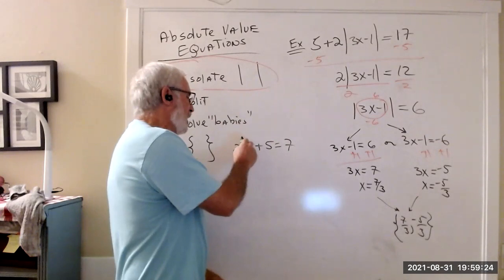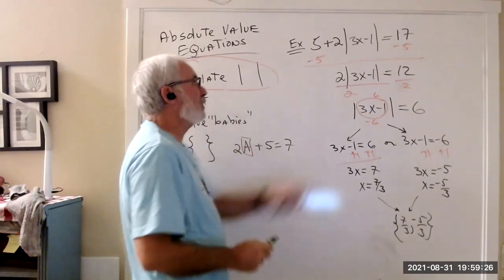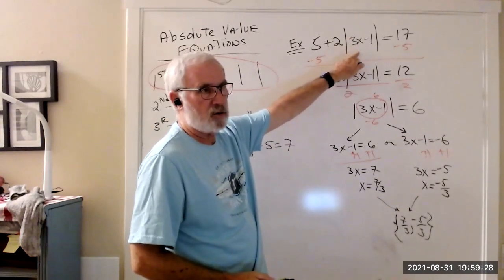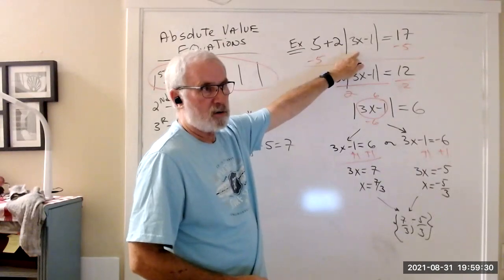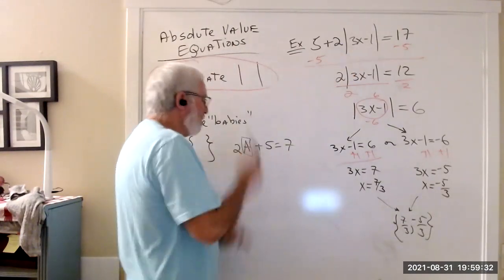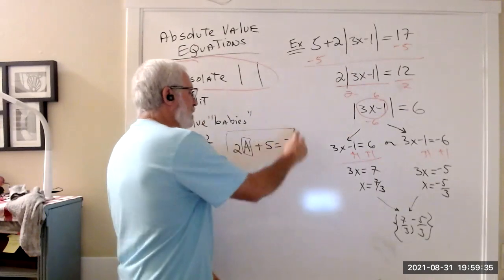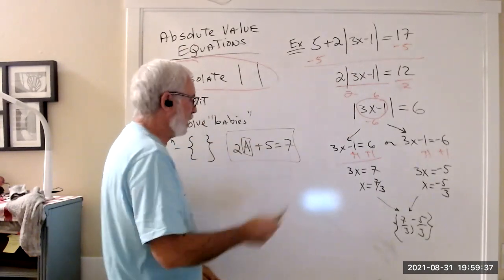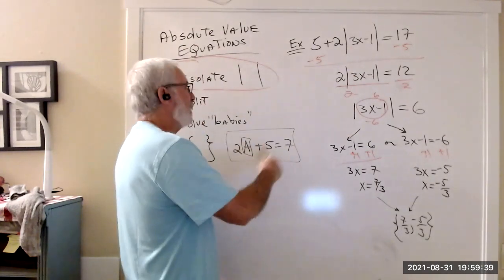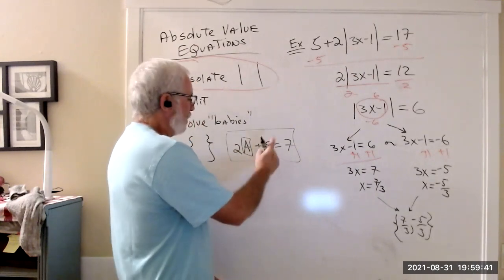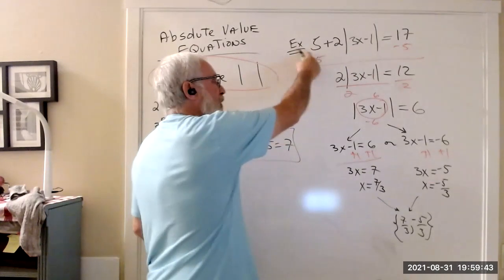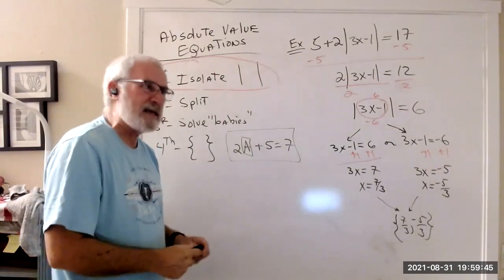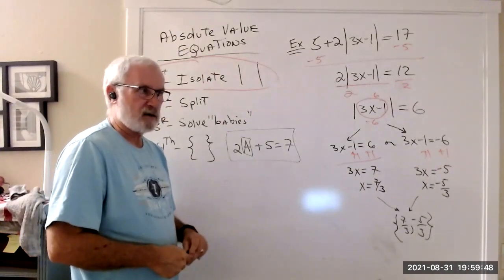This A is just my way of saying absolute value. So in my mind, this equation and this equation, at least at the beginning, are the same thing.